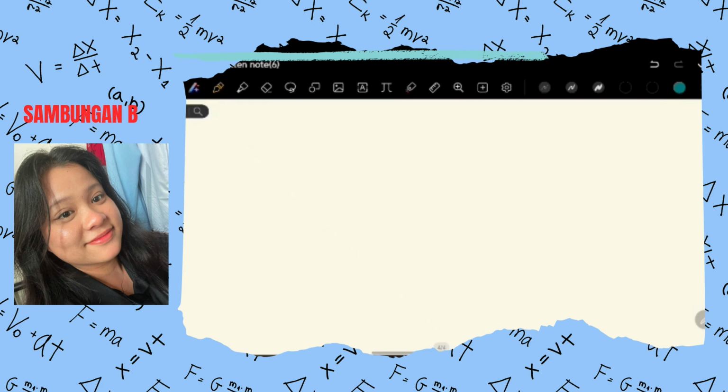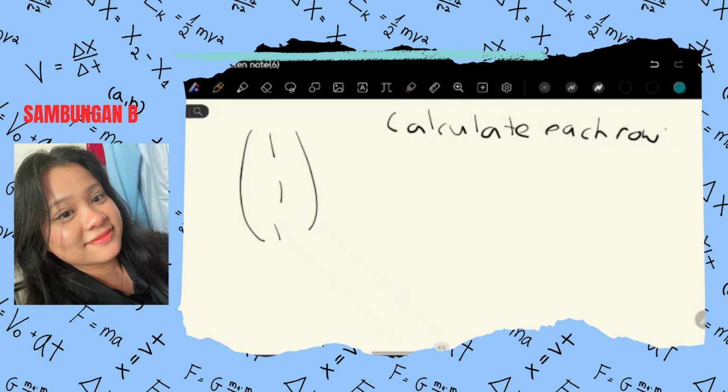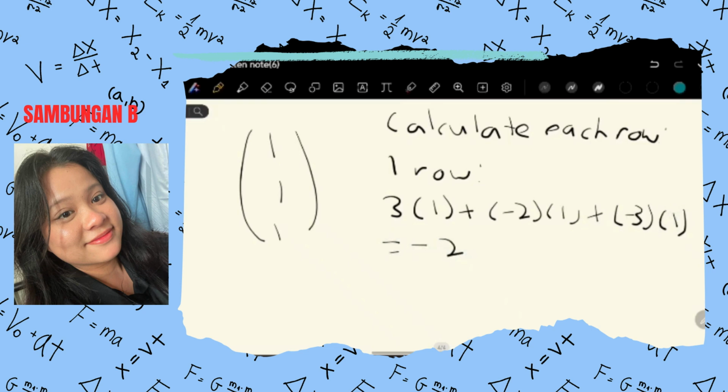Now we need to explain the multiplication part. The matrix is multiplied by the column of 1, 1, 1. So calculate each row. First row is 3 times 1 plus -2 times 1 plus -3 times 1. So the answer is -2.